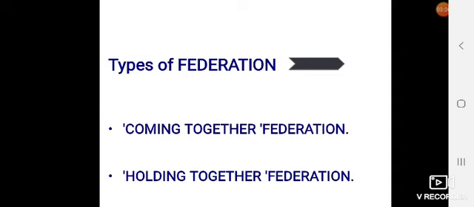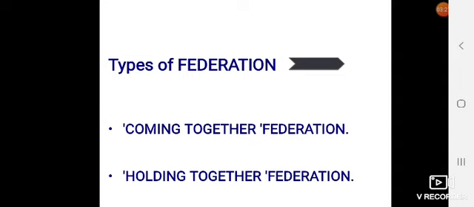In the next slide, we are going to discuss the types of federation. Basically in the world, there are two types of federation, that is coming together federation and holding together federation. Coming together federation is when independent states come together on their own will to form a bigger unit.